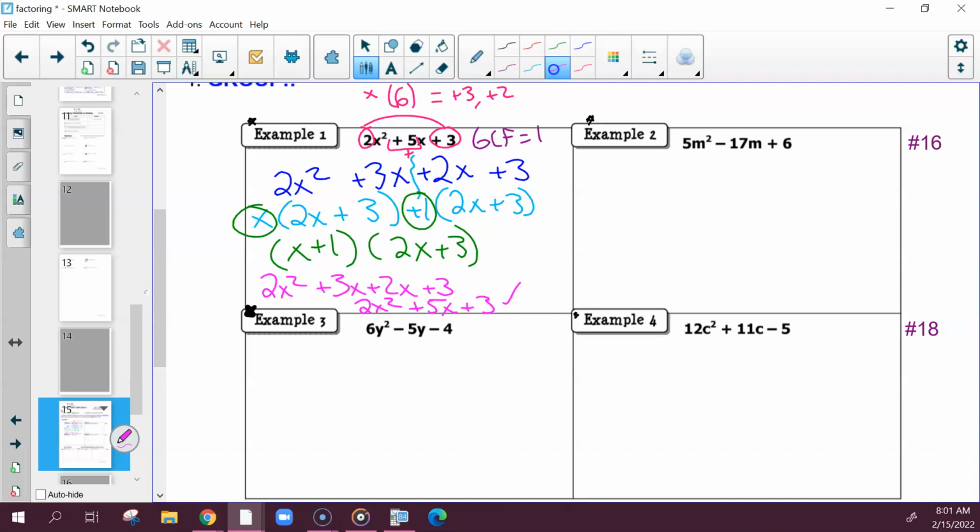If you want a way to maybe better organize some of your numbers, I know some teachers use this. I don't really. But if you wanted to make like a little X somewhere off to the side, in the top would be whatever number you get when you multiply. So our 6 would go there.